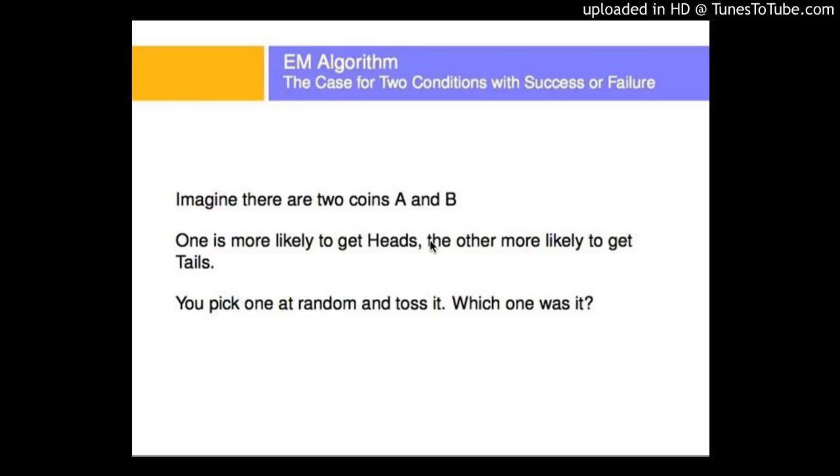Now, let's recap. The probability that the first round came from coin A was 0.45. The probability that it came from coin B was 0.55. Now, let's estimate the likely number of heads and tails from those different coins. So from coin A, the estimated number of heads is 0.45, which is the likelihood that it came from coin A, times the actual number of heads, right?